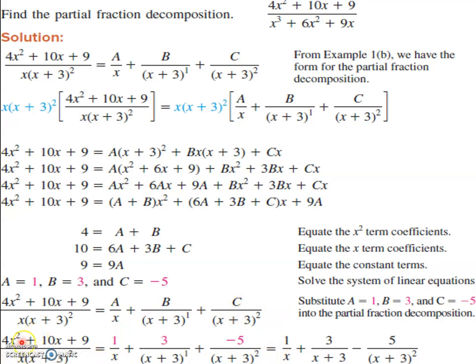We derive the final answer: (4x² + 10x + 9)/(x(x + 3)²) is equal to 1/x + 3/(x + 3) minus 5/(x + 3)².